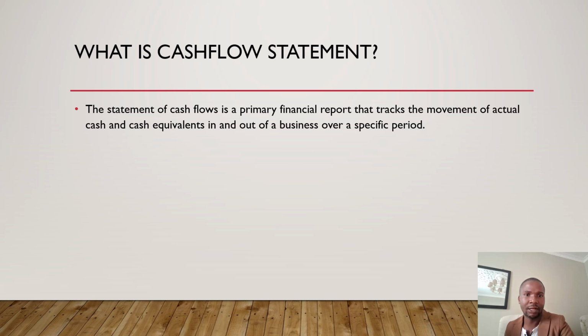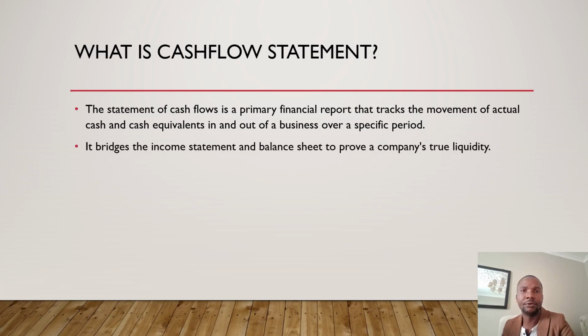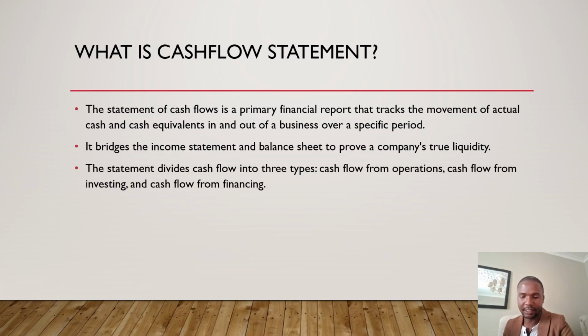Okay, so the statement of cash flows is the primary financial report that tracks the movement of actual cash and cash equivalents in and out of the business over a specific period of time. So this statement bridges the income statement and the balance sheet to prove a company's true liquidity in terms of cash position.